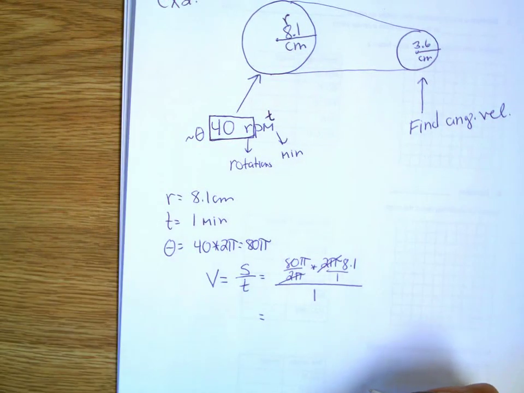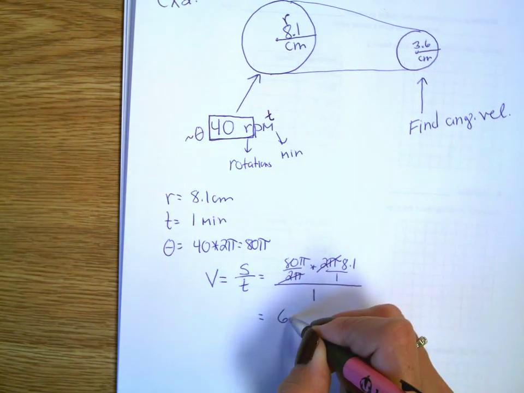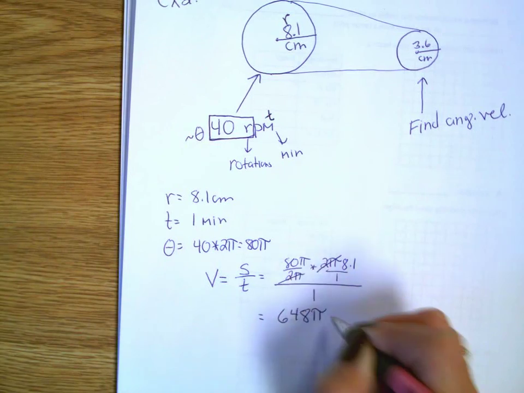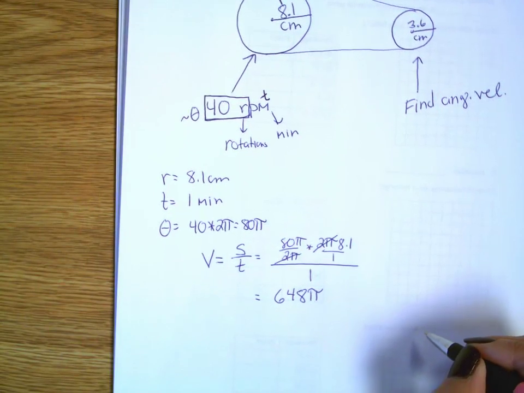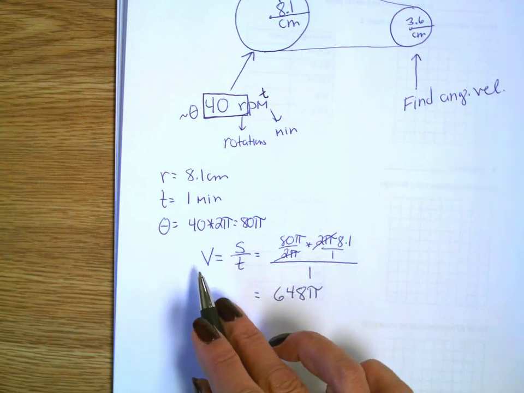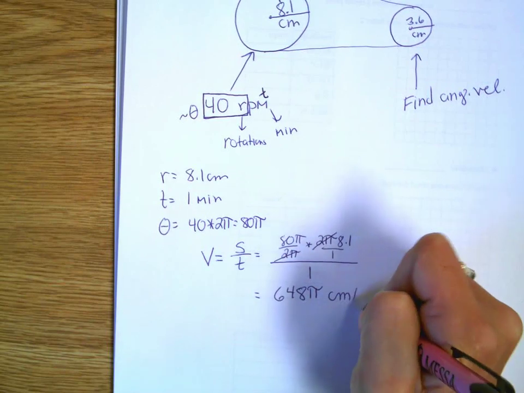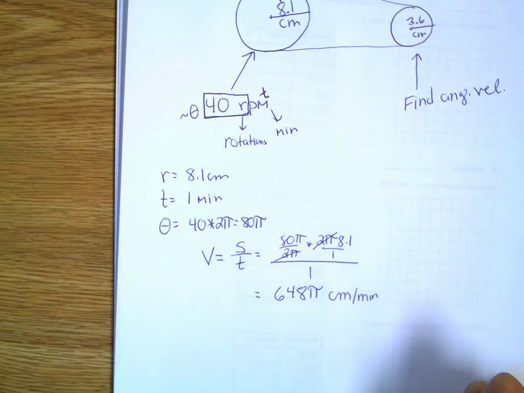So 80 times 8.1 is 648 or 84? I got 648. Okay, 648 pi. What would be the units on that? This is linear velocity, think like miles per hour, centimeters per minute. Not that you need the label there, because we're not done.